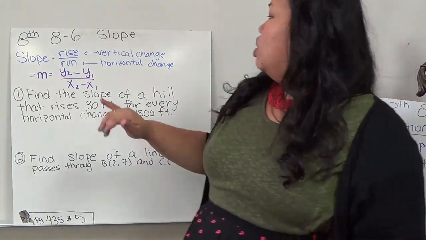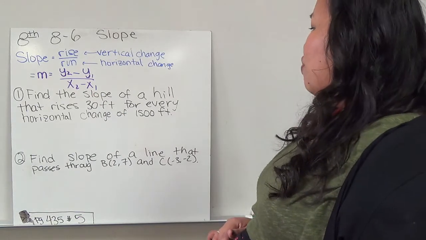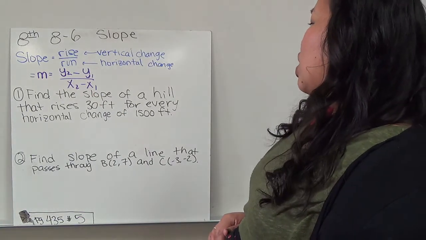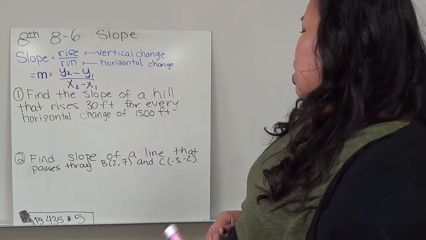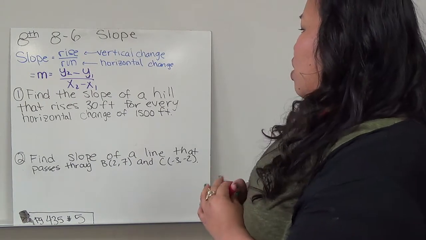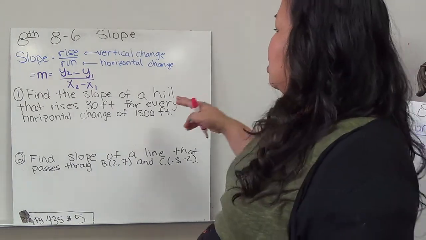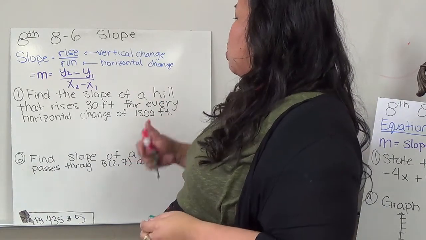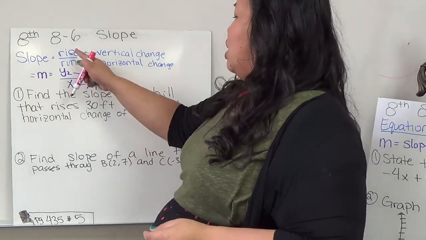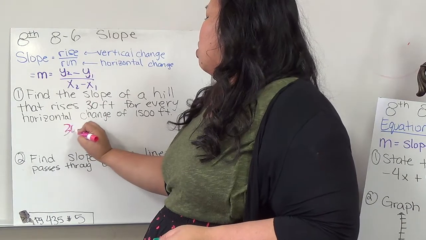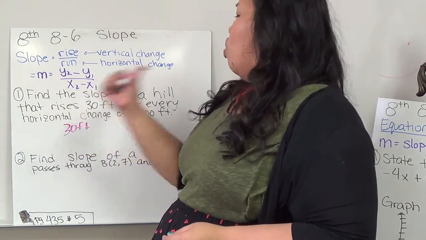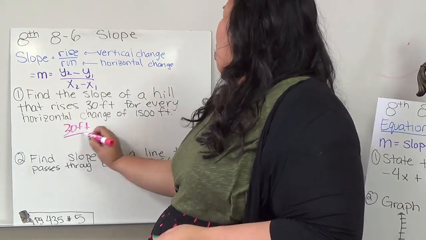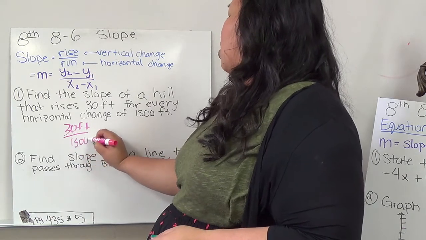So, for example, the slope of a hill that rises 30 feet for every horizontal change of 1,500 feet. Rise goes on top, so 30 feet, and the horizontal change, the run, goes on the bottom, 1,500 feet.